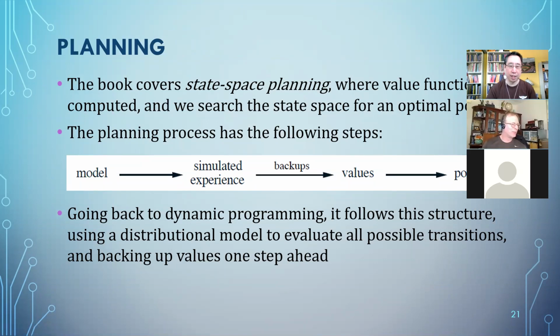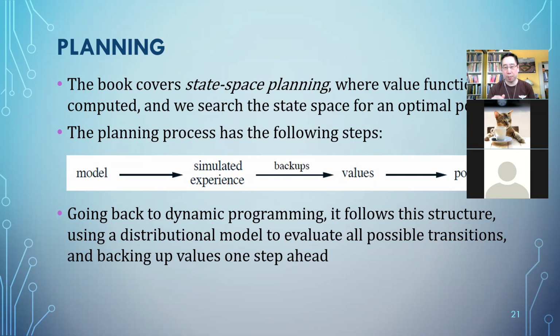Okay, thanks. Appreciate it. So in the Sutton Barto book, really talking about state space planning. This means that you're going to have a value function, and we're going to search the state space, and we're looking for better policies. Overall, you see it has these steps. You start with your model. You're going to simulate experience.